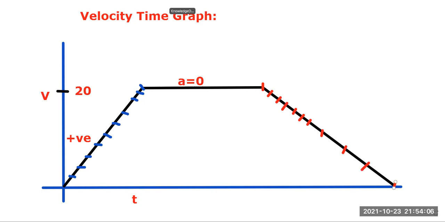So during this track, it's decelerating. This graph represents decrease in velocity. Decrease in velocity means negative acceleration or deceleration.